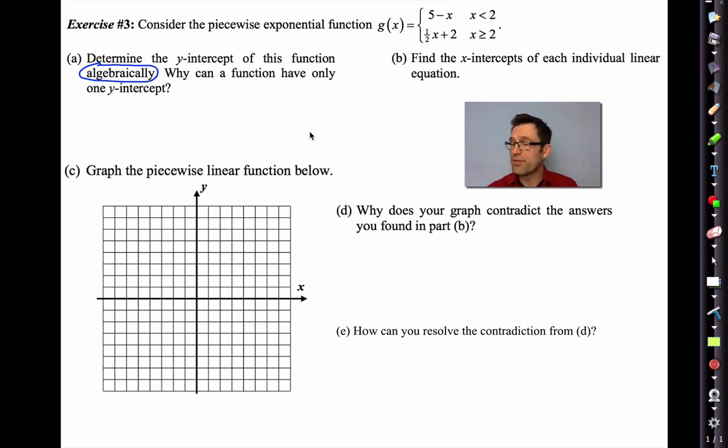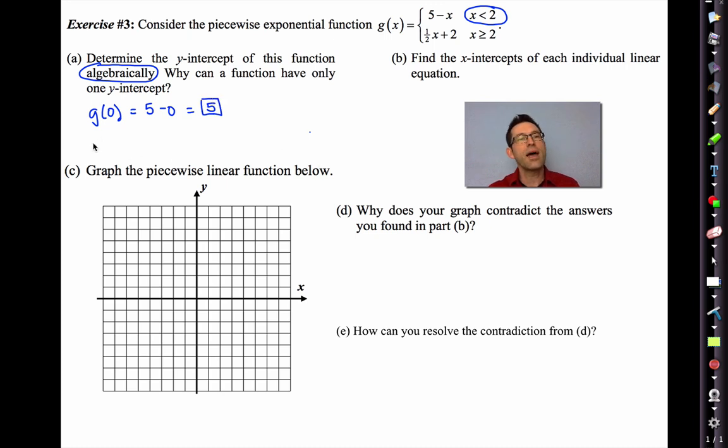Well, to find a function's y-intercept algebraically, we always do the same thing. We plug x equals 0 in. The question is, which one of these two functions does x equals 0 lie in? Well, it's got to be the one for this interval, x less than 2, because 0 is less than 2. So 5 minus 0 gives me 5. That's my y-intercept.